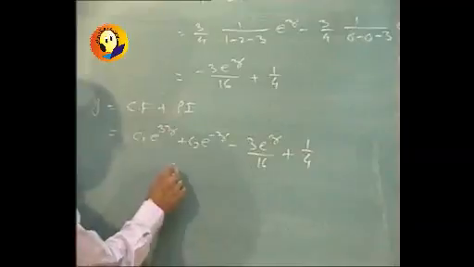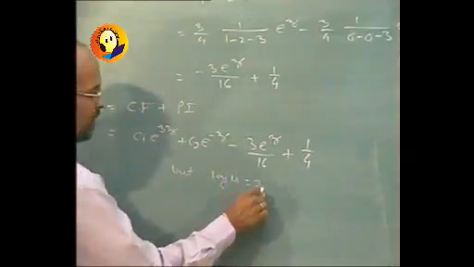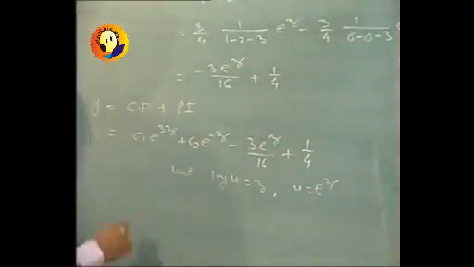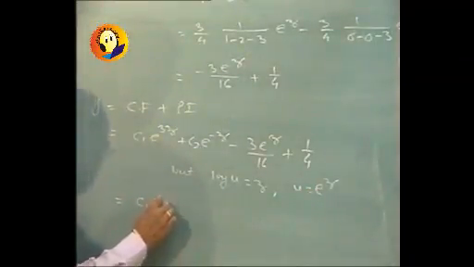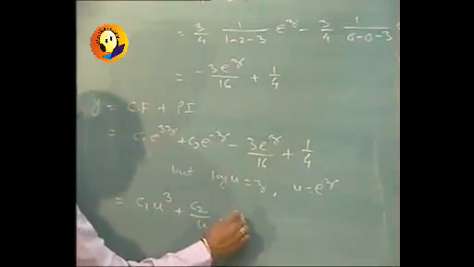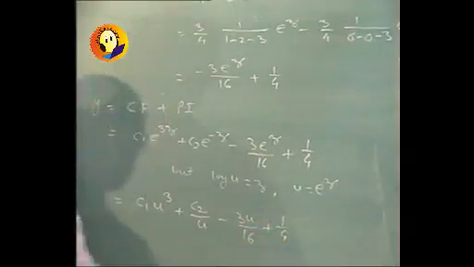But substitution was log u equal to z or u equal to e raised to z, and so it will turn out to be C1 u cube plus C2 upon u, minus 3u by 16, plus 1 by 4.